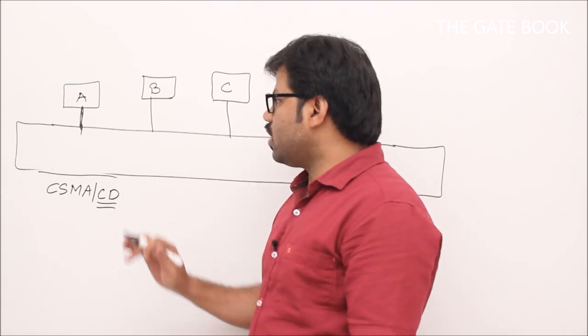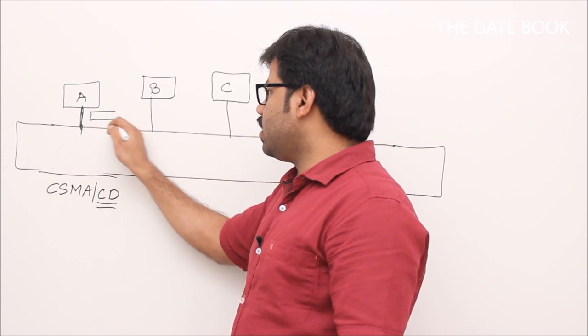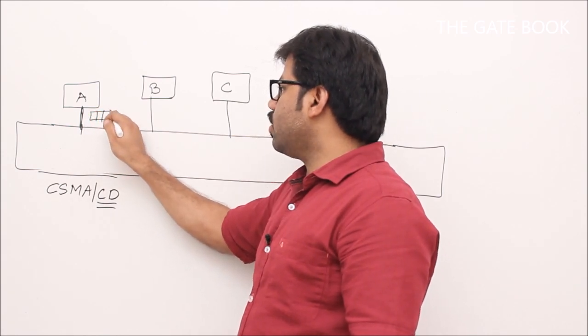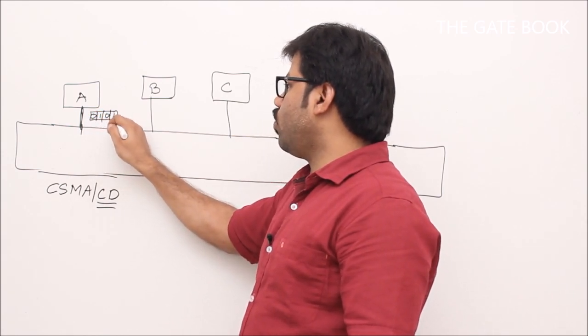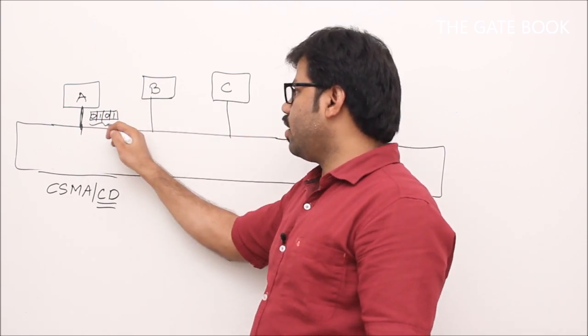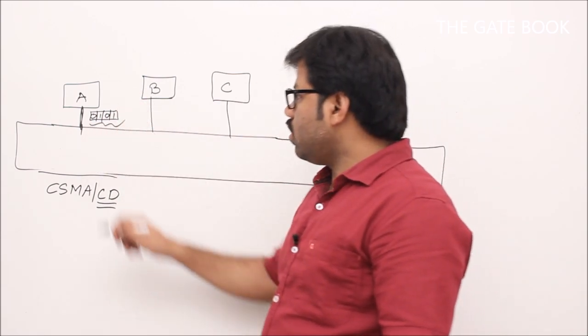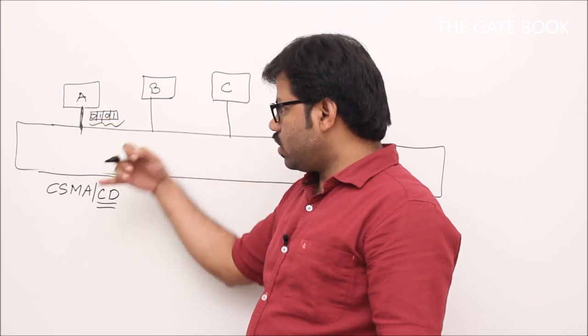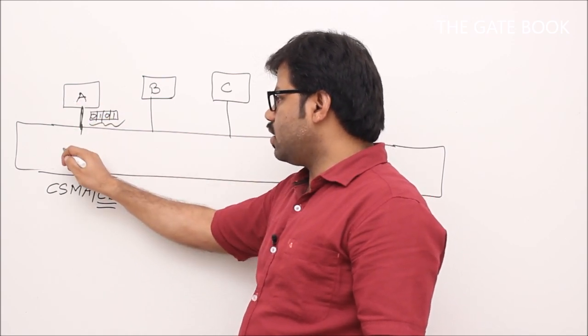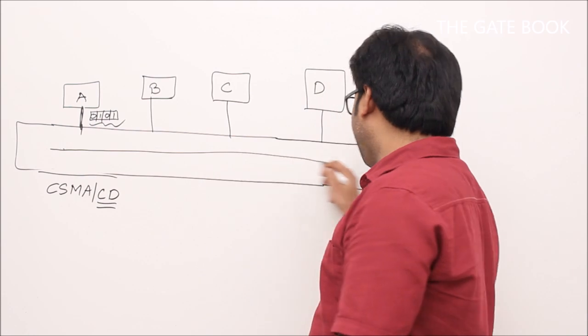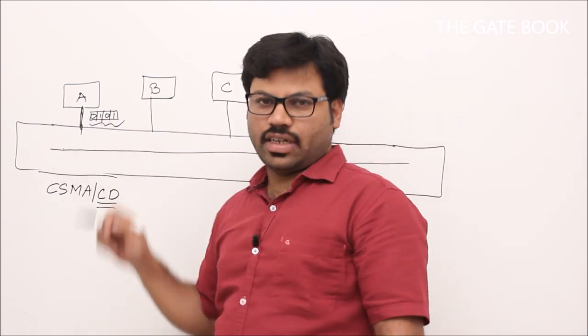Remember it. Now at this moment, let's say A has data, some bits, 0 1 0 1, whatever it is, a small packet or frame. Now station A wants to send this frame. Before that, it senses the channel. At this moment, let's say your channel is free, then it is going to send.